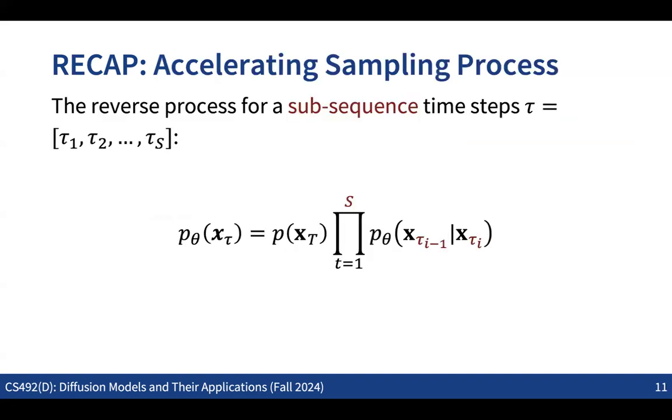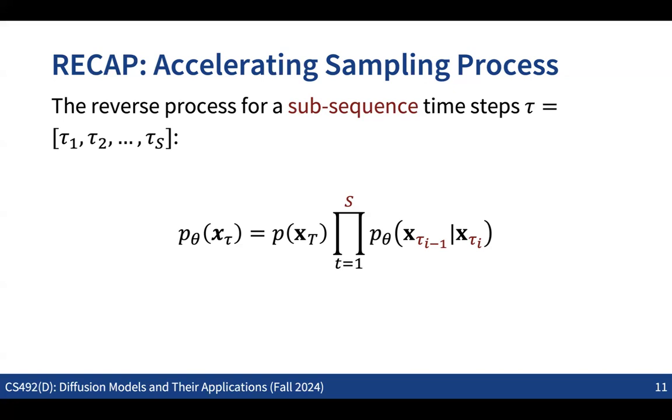Yeah, and also what we discussed last time is that we can now consider accelerating the reverse process. As we discussed last time, the drawback of the diffusion model is a trade-off. As we have a more iterative process, we gradually denoise the data point and get more realistic data points at the end.